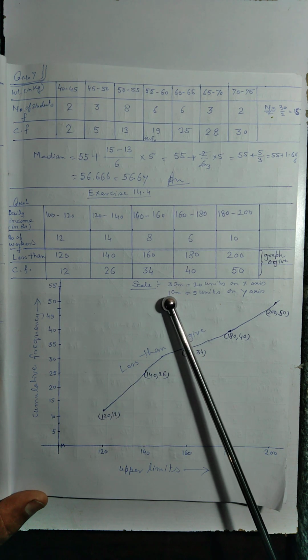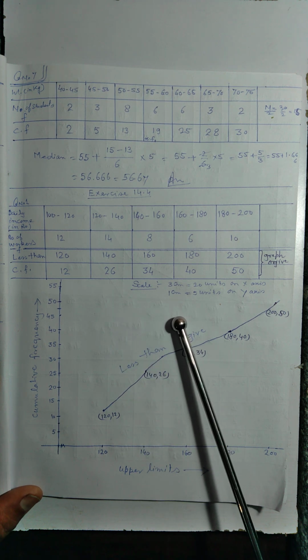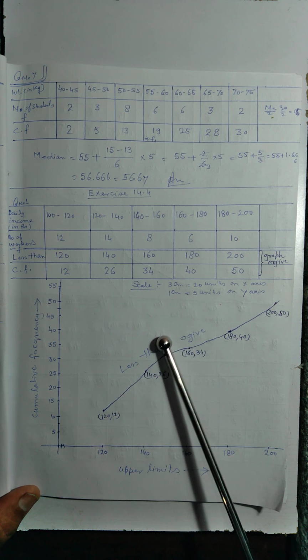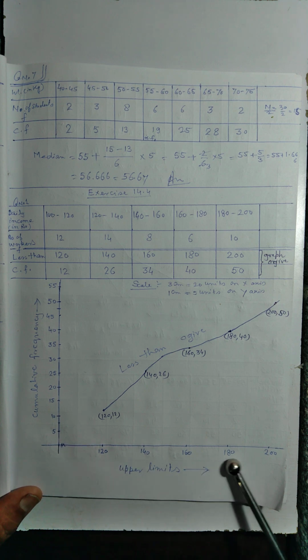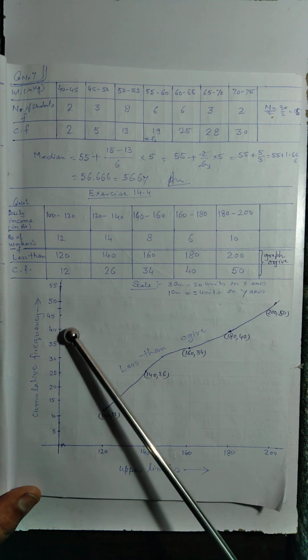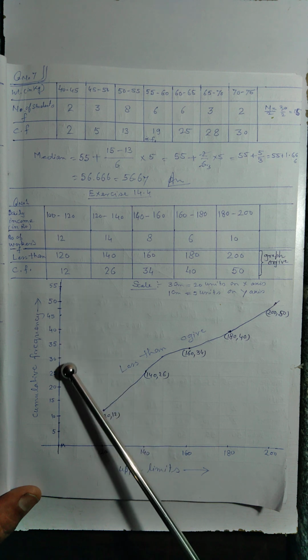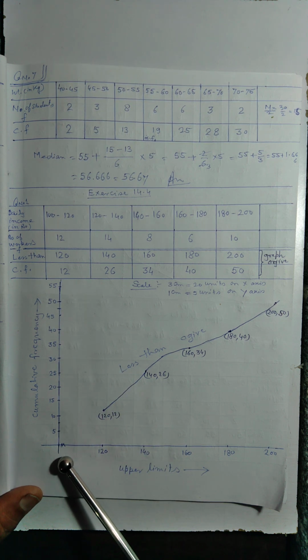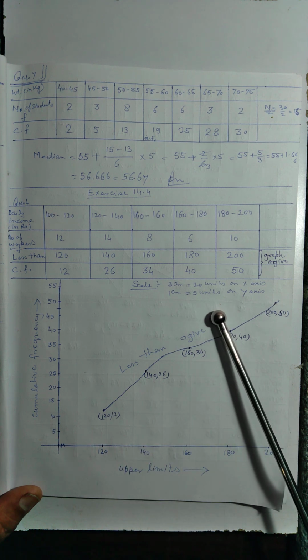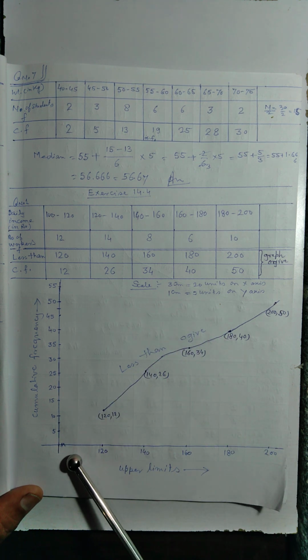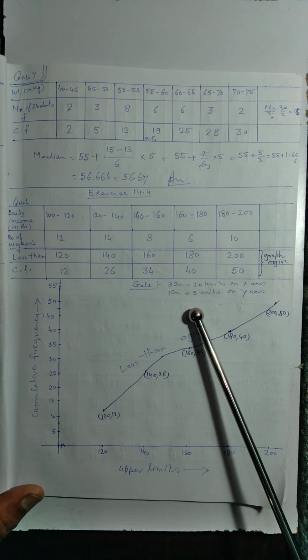Now for the scale, we can take, as per our convenience, two different scales for the x-axis and y-axis. We can conveniently take the scale which will suit us according to our given data.